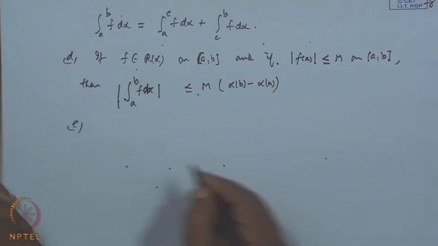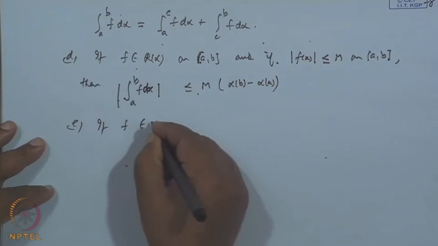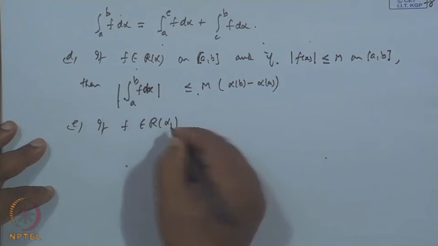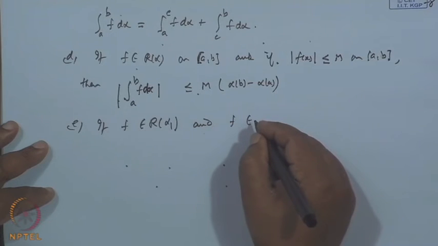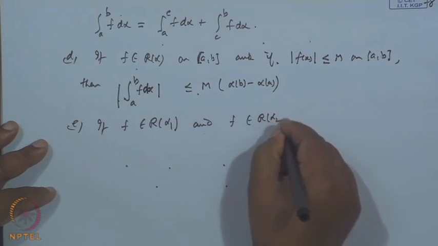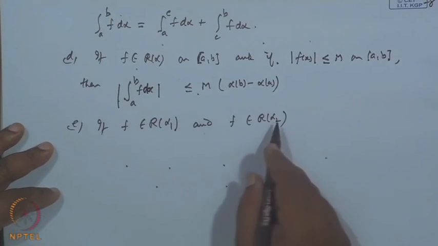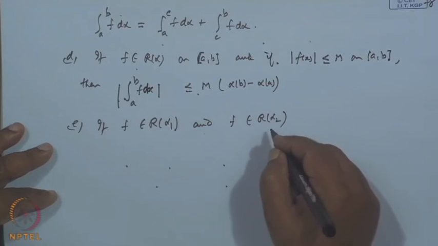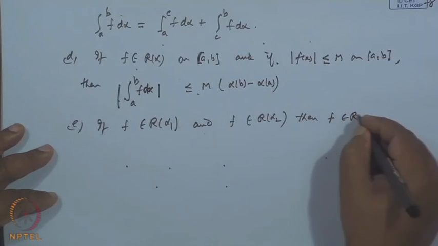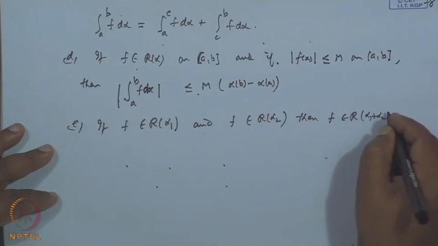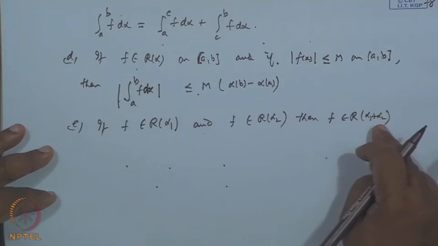Then fifth property, if f is Riemann-Stieltjes integrable with respect to the monotonic function alpha 1, and f is Riemann-Stieltjes integrable with respect to monotone function alpha 2, means f is Riemann-Stieltjes integrable with respect to the two monotonic functions alpha 1 and alpha 2 respectively, then f will remain Riemann-Stieltjes integrable with respect to the sum of these, alpha 1 plus alpha 2, because if alpha 1 and alpha 2 are monotonic increasing, the summation will also be monotonic increasing.